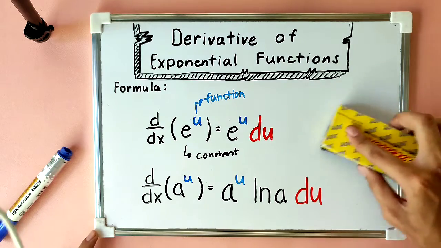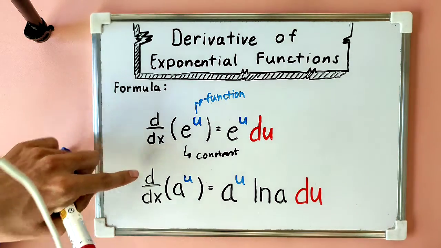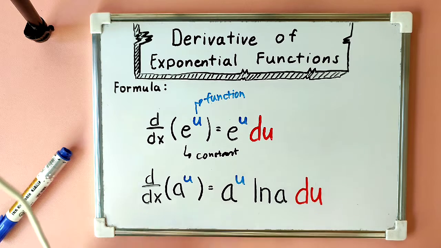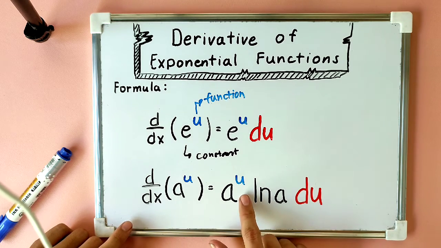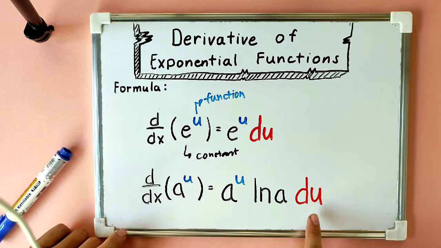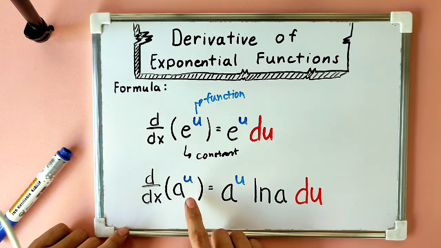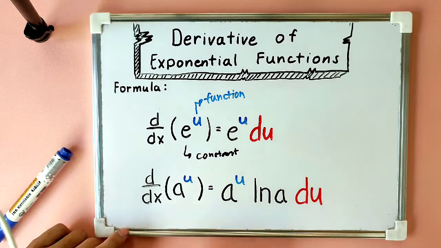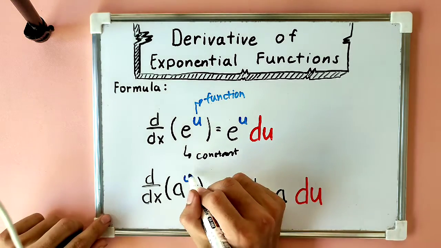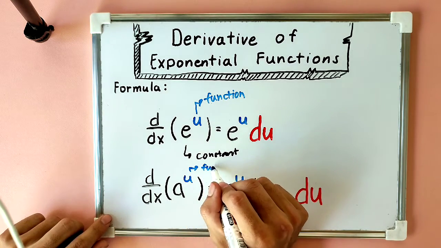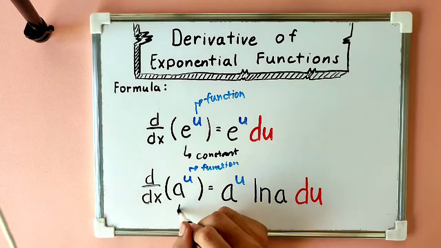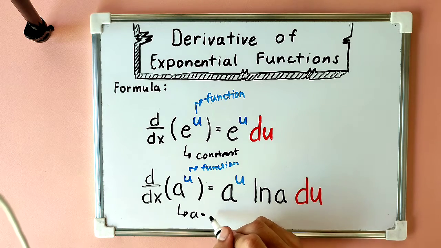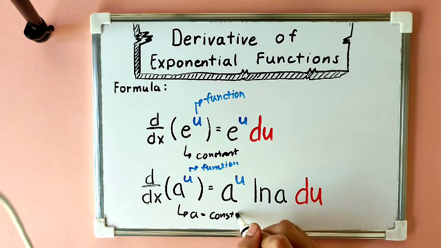So again, for the next one is the derivative of a raised to u with respect to x is equals a raised to u ln a times the derivative of u. Take note again, the u is a function and a is a constant.